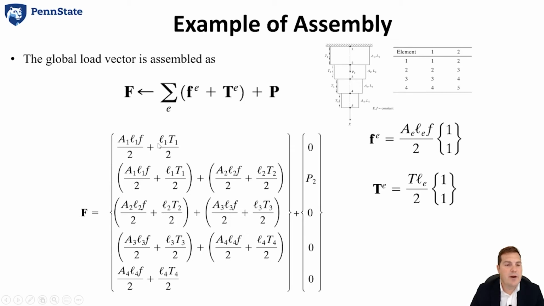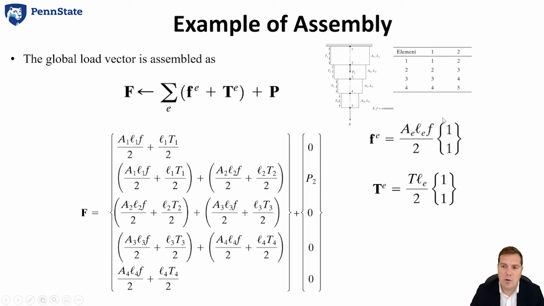Here we're going to have values of both tractions and forces. So elemental values, F sub e, T sub e, look like this. We derived this before. So if we substitute our values in here, let's look at element 1. So element 1, again, we have local connectivity 1 and 2, which also correspond to the global numbers 1 and 2.